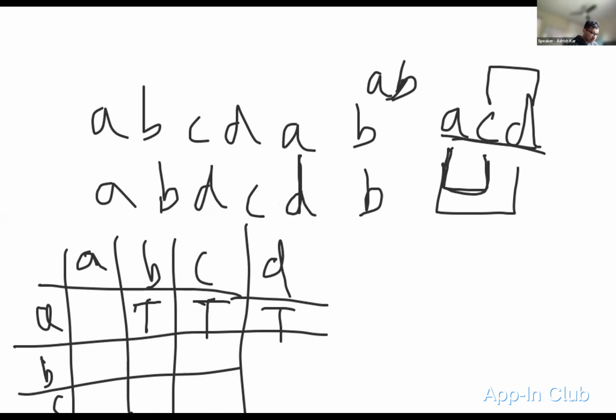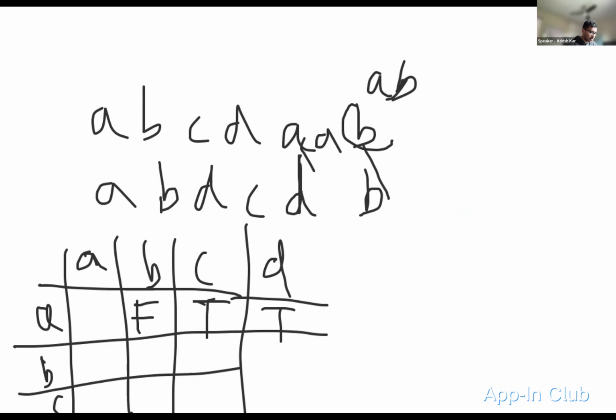AB is not equal. If I add another A over here, I believe we covered all the test cases that we needed to, but essentially we have this matrix already created in advance.